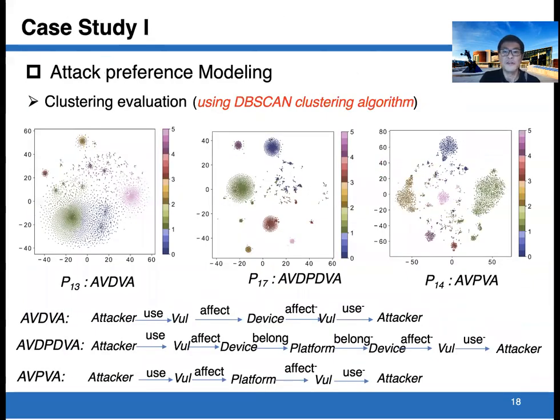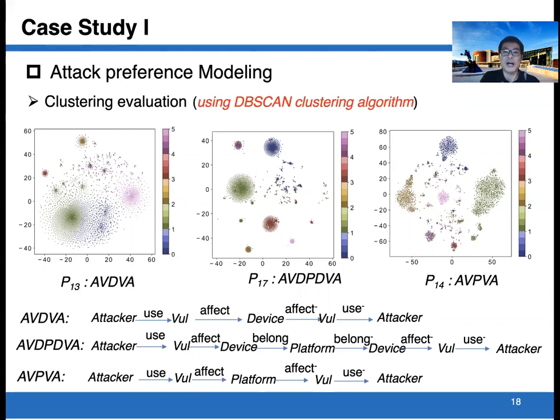Now let's look at the first application of threat intelligence computing, attack preference modeling. Attack preference indicates the similarity of attackers in the platform the attacker destroys, or the industry the attacker attacks, or the exploit types they use. This can help build an attacker portrait.